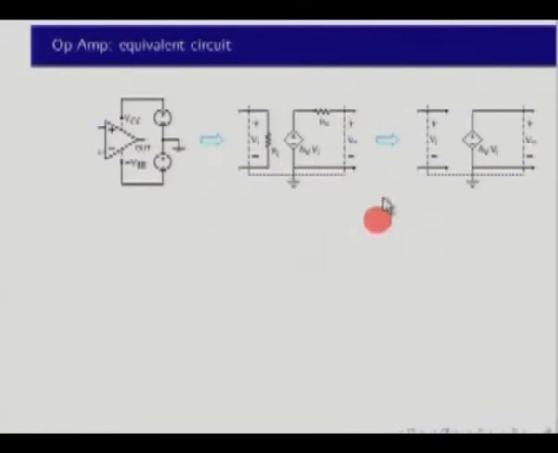And very often, or almost always, we say that Ri is so large that this is like an open circuit, and therefore these inputs don't really draw any current. And we say that this Ro is 0, which is realistic in many cases, and therefore this output voltage is simply the voltage gain times the input voltage, and the voltage gain of course is very large.